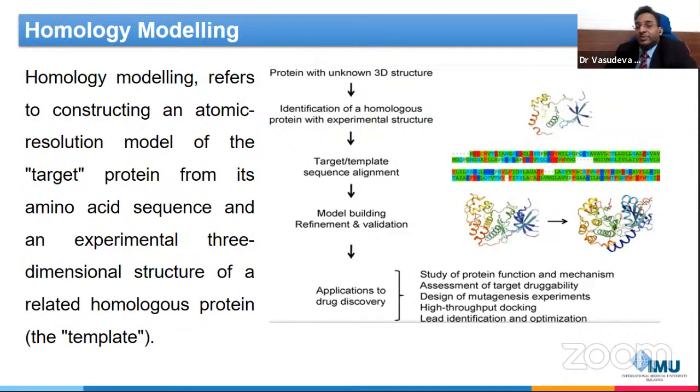In such a case, you may consider a template protein molecule, and this template protein molecule can be subjected to sequence analysis. Based on the sequence similarity, we can say this is the folding, because if the sequences are more or less similar to each other, of course the protein folding must also be the same. Keeping that in view, they have projected one strategy, homology modeling, which mostly applies when the sequence is known but there is no three-dimensional structure.